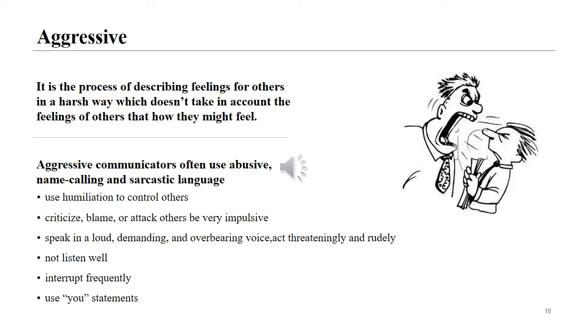Aggressive communicators often use abusive, name-calling and sarcastic language, use humiliation to control others, criticize, blame or attack others, are very impulsive, speak in a loud, demanding and overbearing voice, act threateningly and rudely, interrupt frequently, do not listen well and use "you" statements.